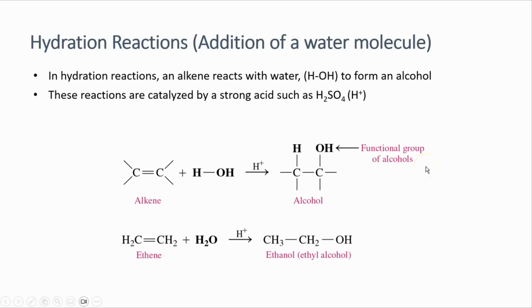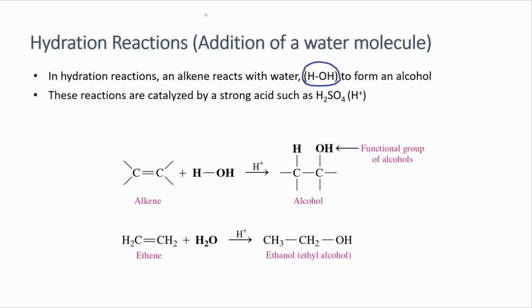Hydration reactions. These are the reactions of the addition of a water molecule to the carbon-carbon double bond in the alkenes. When we say a water molecule, we can split it to show hydrogen and hydroxide group.